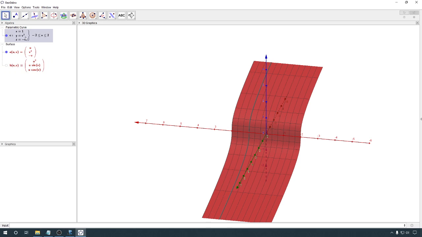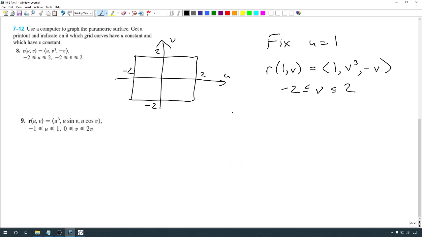If you instead let v be a constant, so here if we instead fix v equal to 1, then r of u, 1 this time, so here the u is still there, but now v cubed is 1 cubed, so 1, and negative v is -1. The u is still going from -2 to 2.